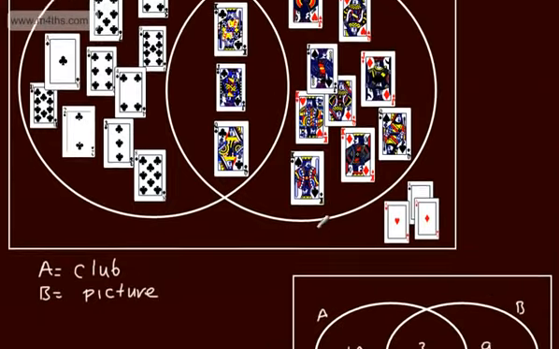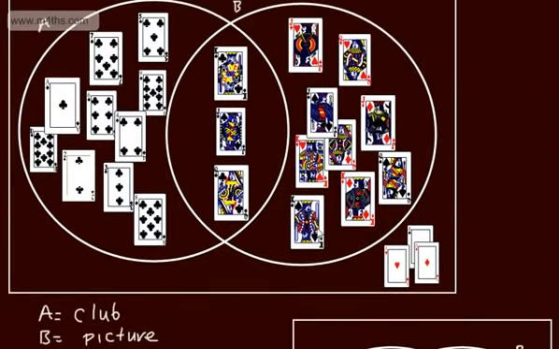The question I'm going to ask is as follows. Given that the card we've chosen is a picture card, what is the probability that it will be a club? I'll repeat the question. Given that the card we have chosen is a picture card, what's the probability that it's a club? We can see quite clearly from this that if it's a picture card, we can only choose from B here. And the clubs that we've got are in the intersection.